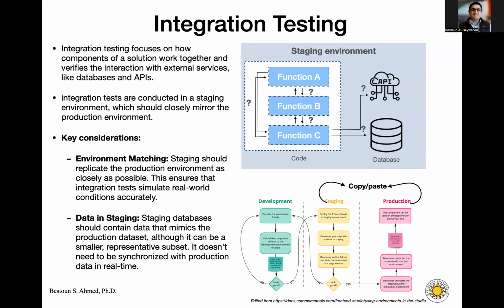Although it can be smaller, it still mimics it. The ideal case is that if you test everything on staging, it should be like a copy-paste to production, with no change or very, very little change.